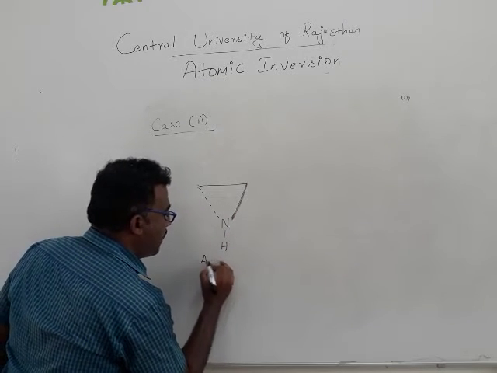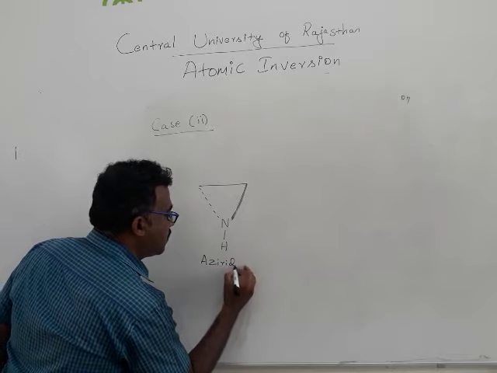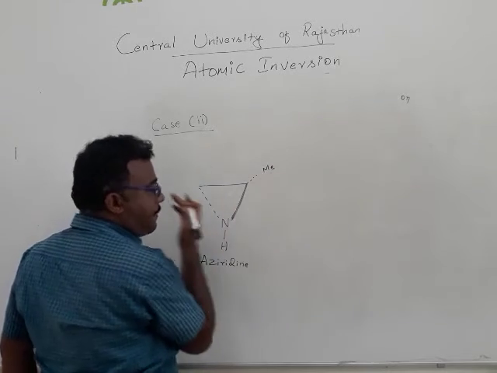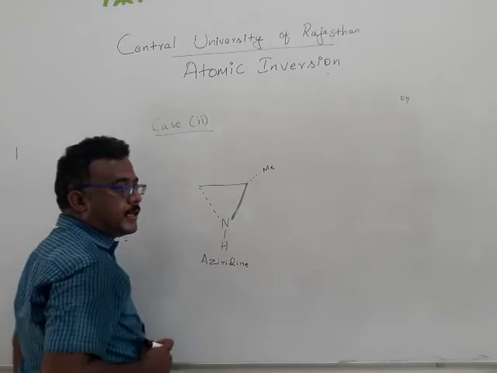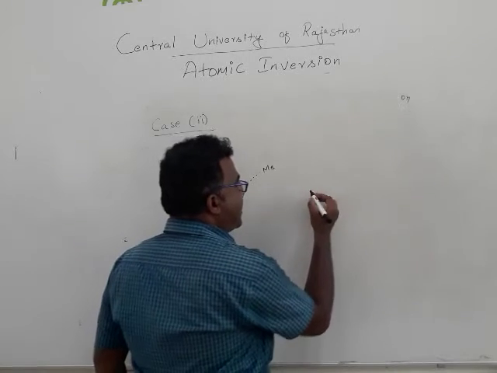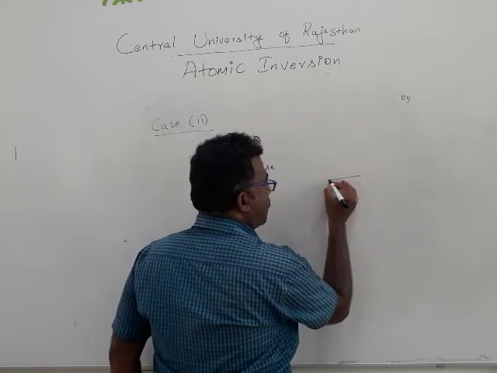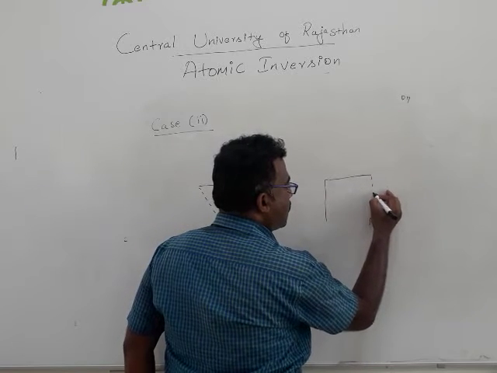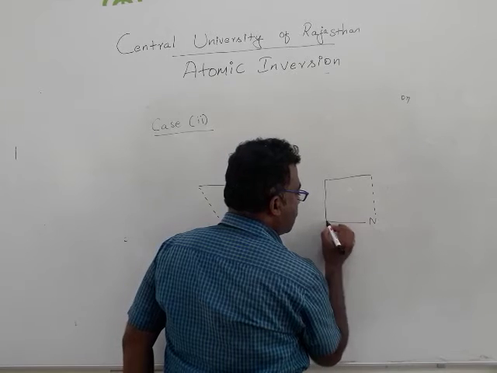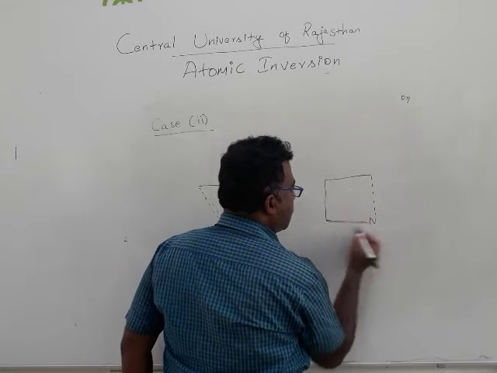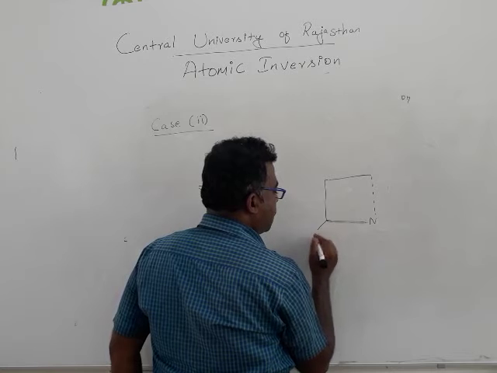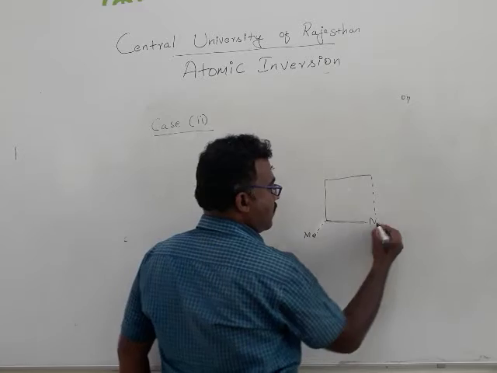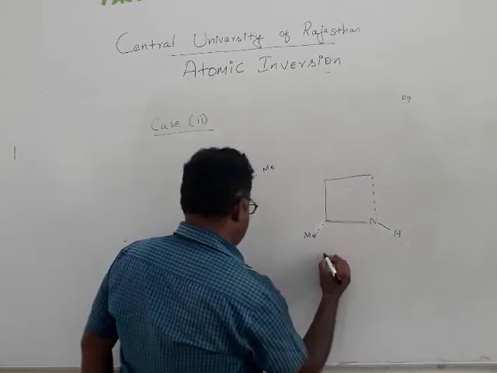You have a molecule of aziridine. For example, if you put here one methyl substituent, then these two carbons have two different types of substituents present with the nitrogen atom.